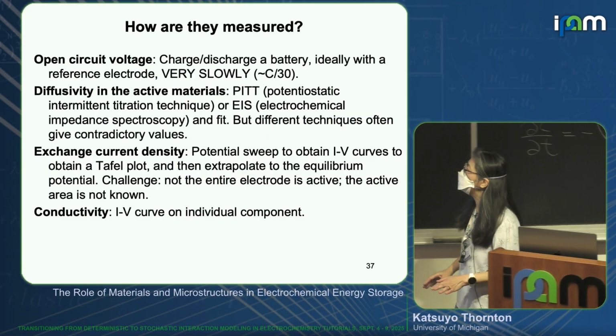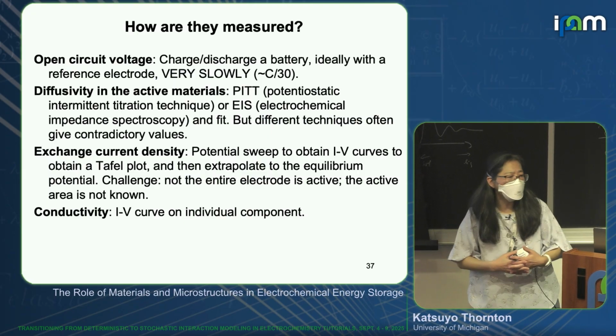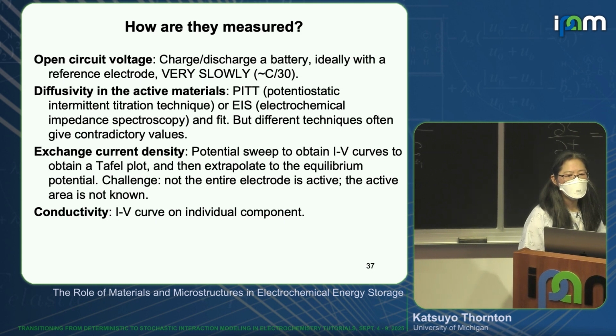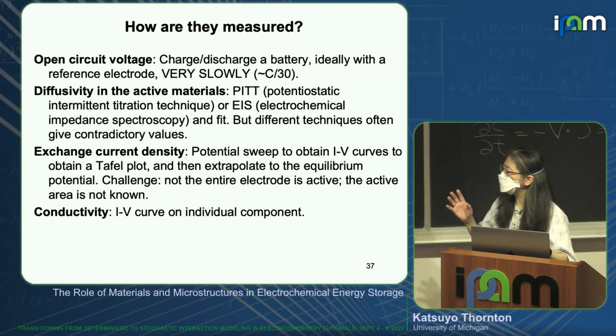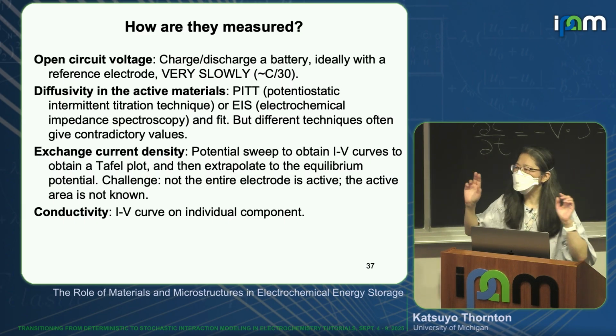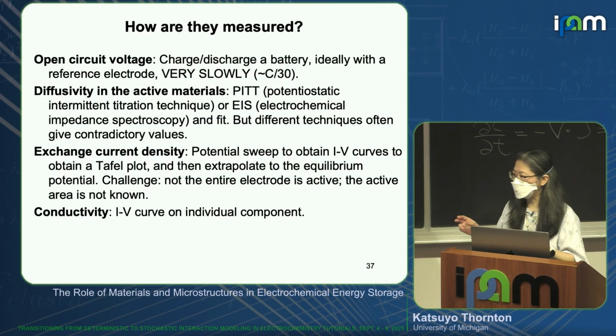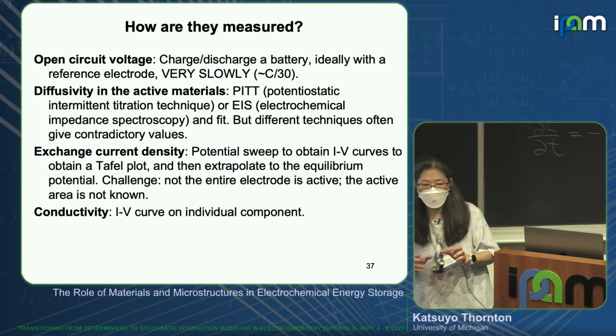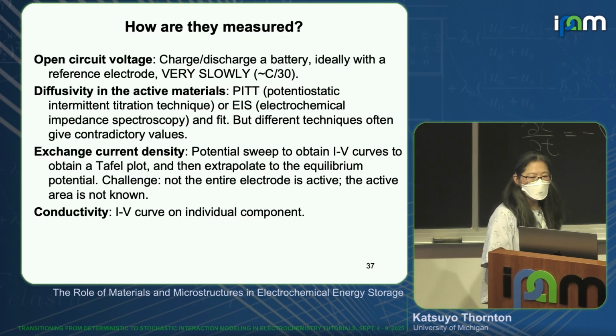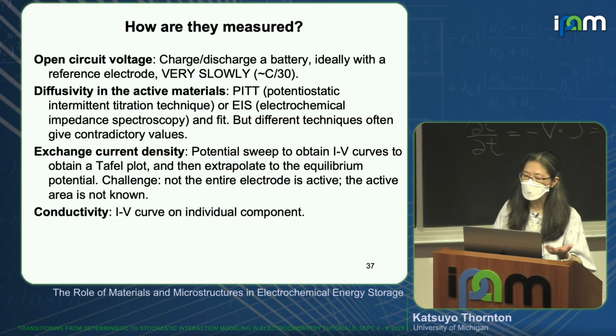But in general, how do we measure them? Open circuit voltage is one of the easier things. You charge and discharge a battery, ideally very, very slowly, so that kinetic factors are not influencing the voltage of the system. C/30, something like that, is the best.